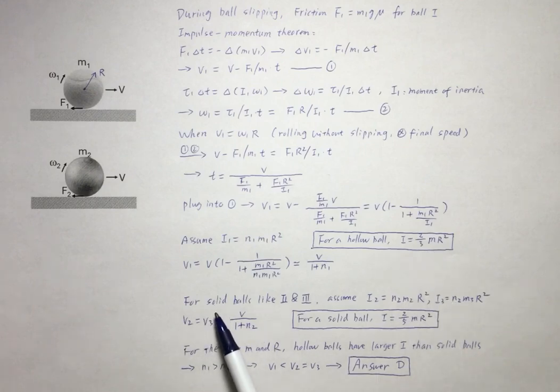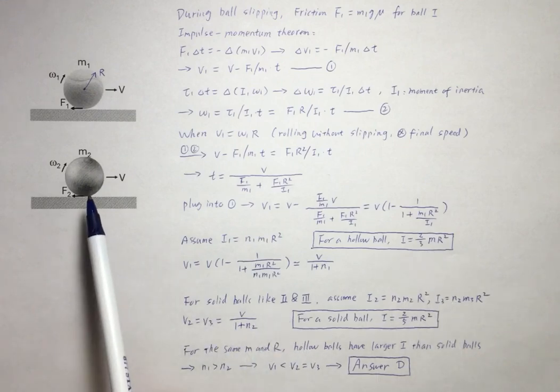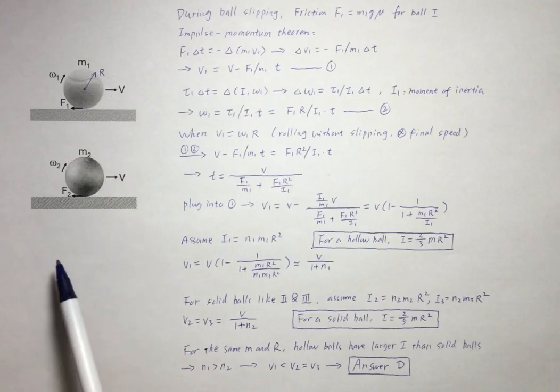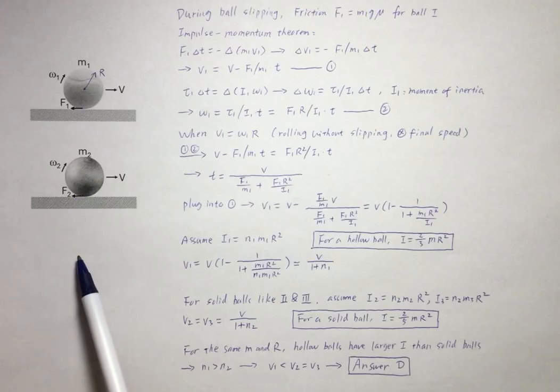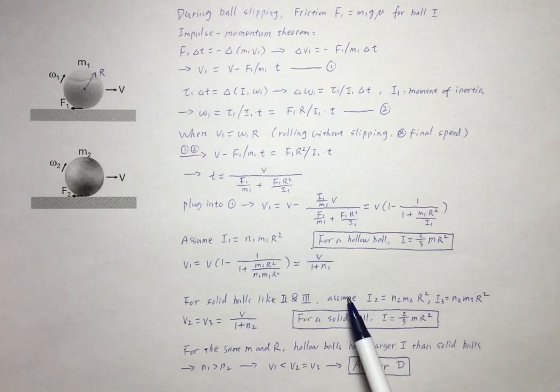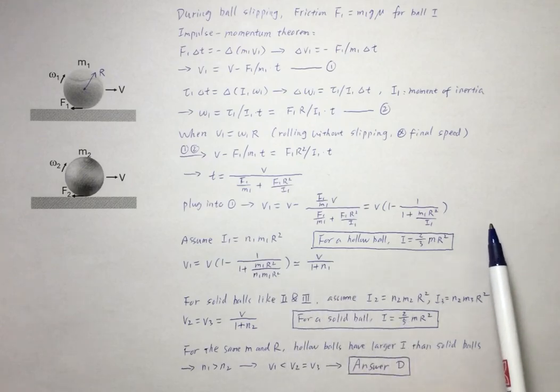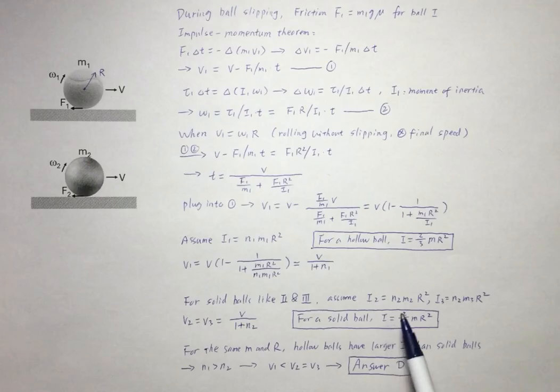Now for the solid balls, ball 2, the wooden solid ball, and ball 3, the rubber solid ball, the expression for the moment of inertia will be similar, but with a different coefficient. We use n2 here.